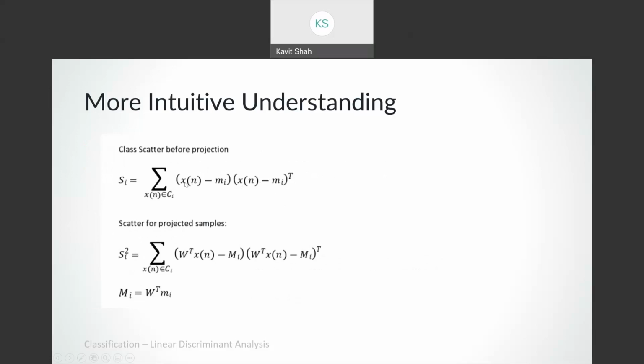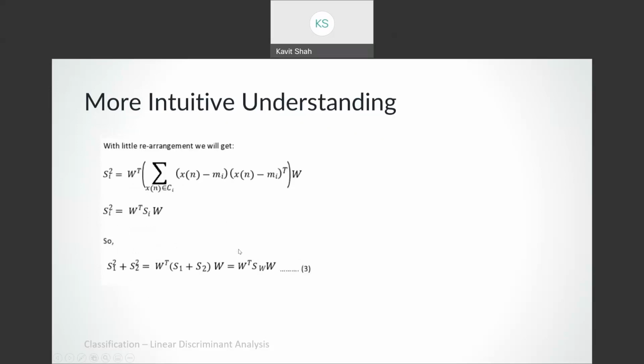And after the projection, since xn becomes w transpose xn, we would be getting the scatter for the projected samples as this term here, and it's simply a squared term, where small mi would be replaced by big Mi, which is the mean after the projection.